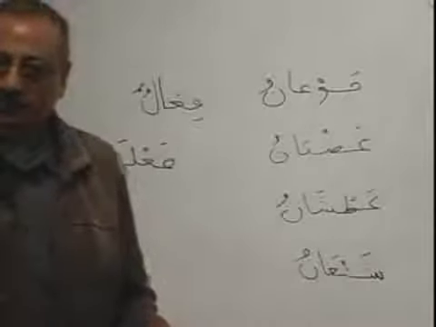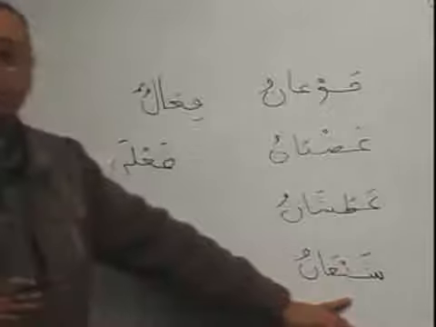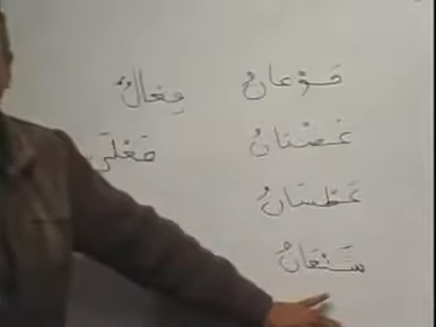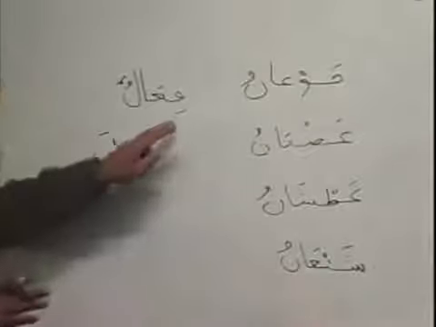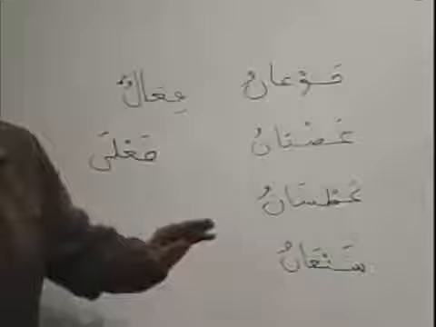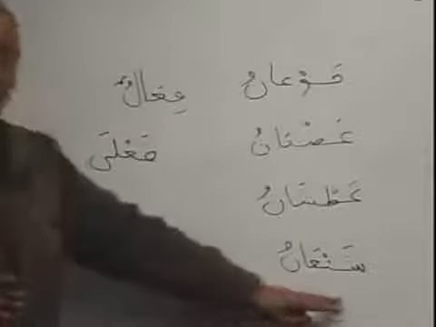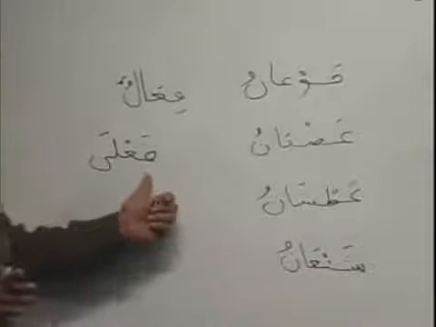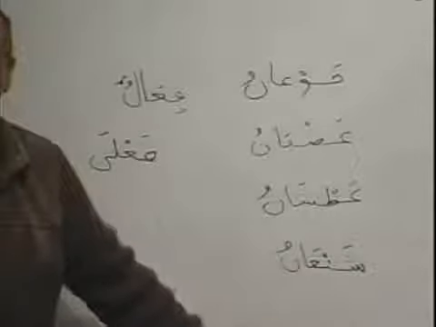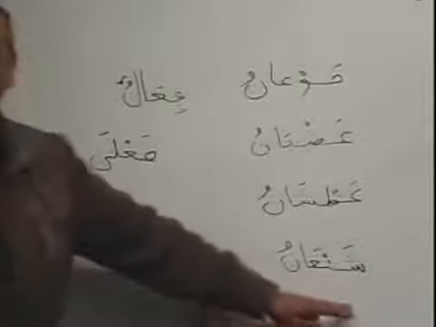Are you with me, brothers and sisters? So how will you make the fi'alun from here? Shiba'un. Just remember fi'alun: shiba'un. And what will be the muannas on the pattern of fa'la? Shab'a. Got the idea? And what is the verb? Shabiya, to be satisfied.